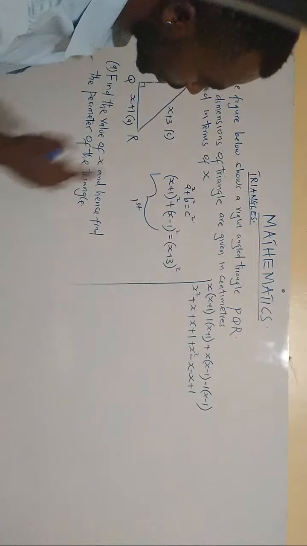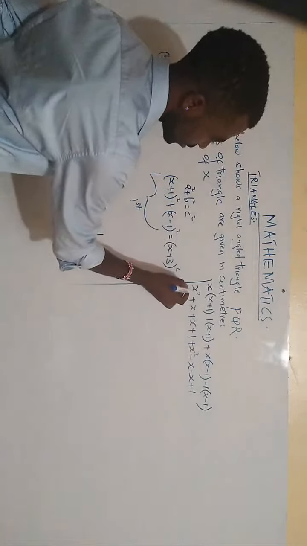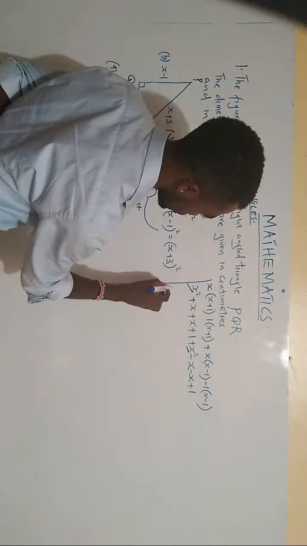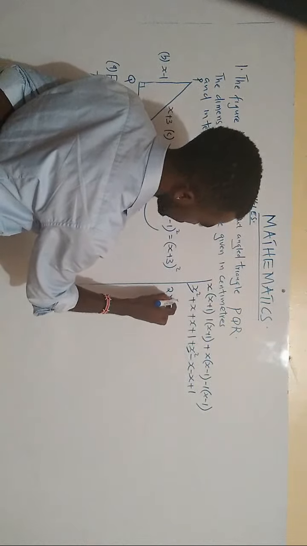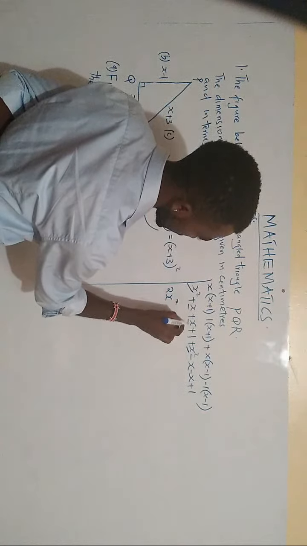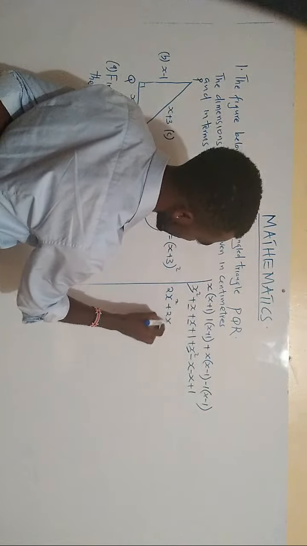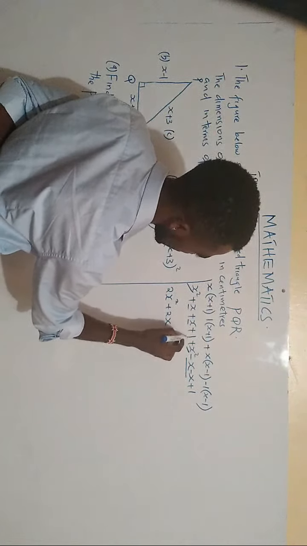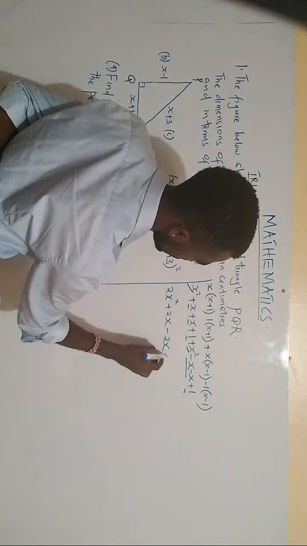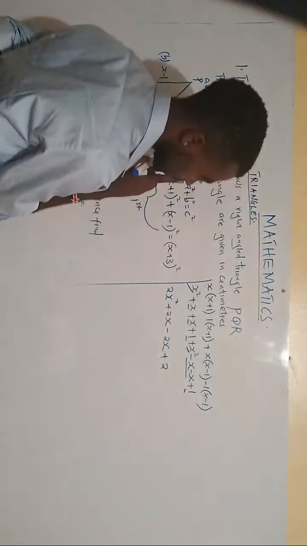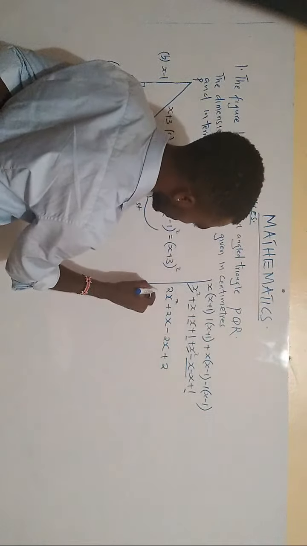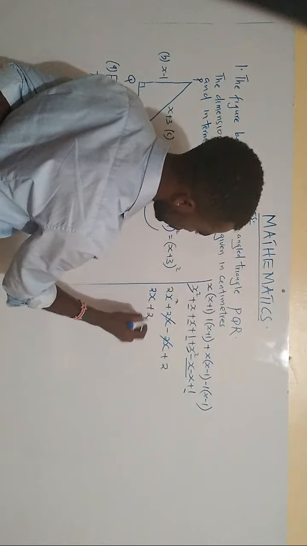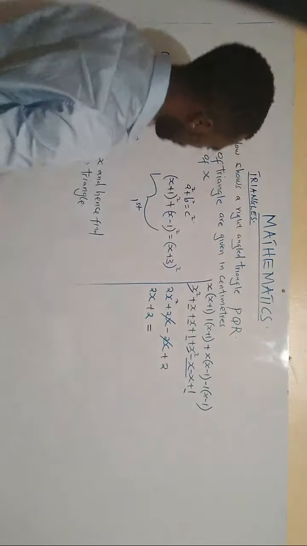Grouping like terms, the x squared terms give 2x squared, then plus 2x minus 2x cancels, and 1 and 1 give plus 2.